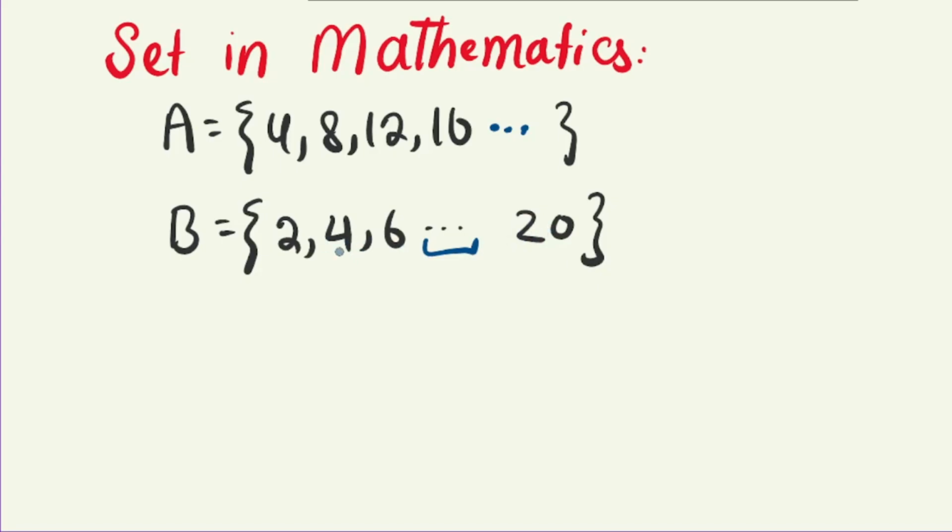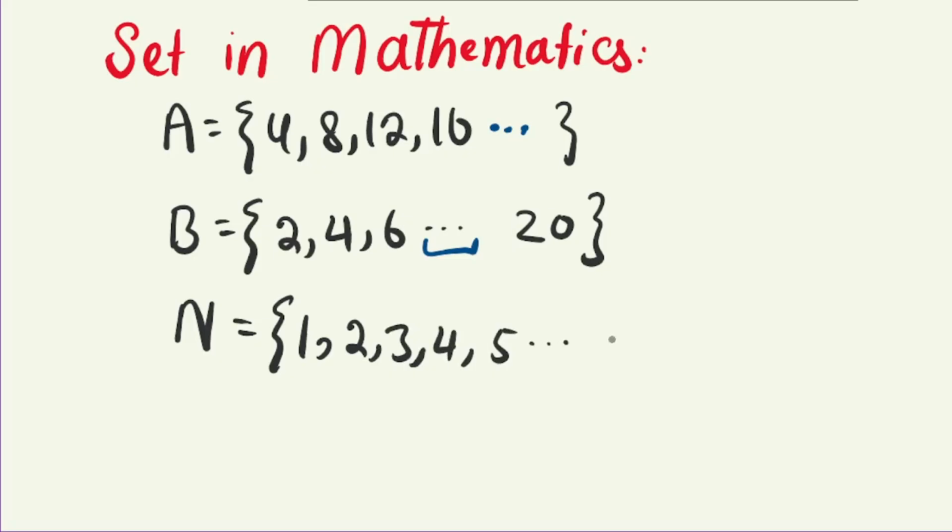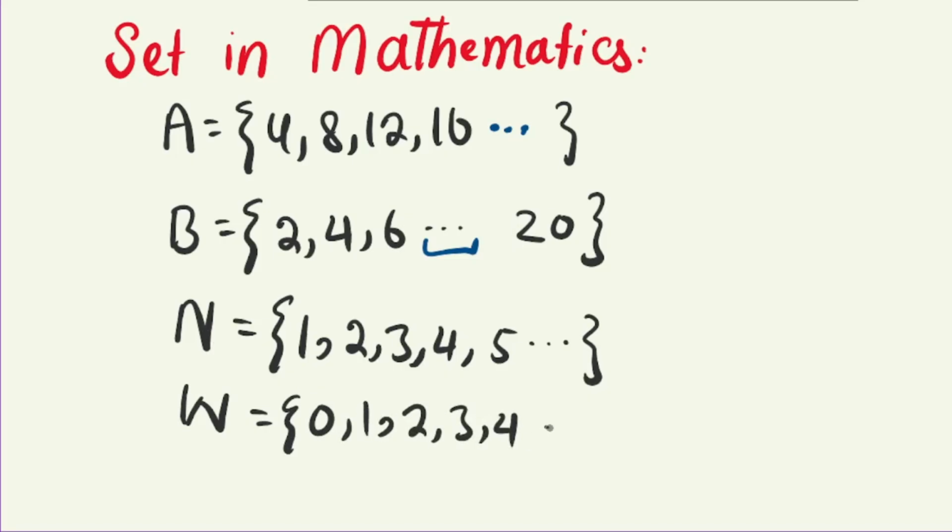So this is the set of the first 10 multiples of 2, and this is the set of multiples of 4. The set of natural numbers is represented by N, and it contains the elements 1, 2, 3, 4, 5, and so on, continuing to unlimited numbers. The set of whole numbers is represented by W, and it contains the elements 0, 1, 2, 3, 4, and so on.